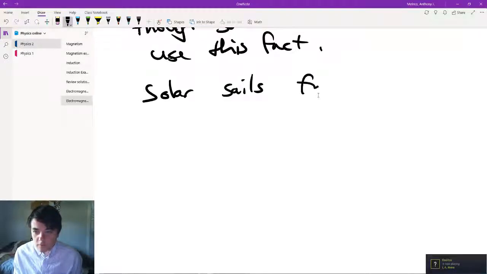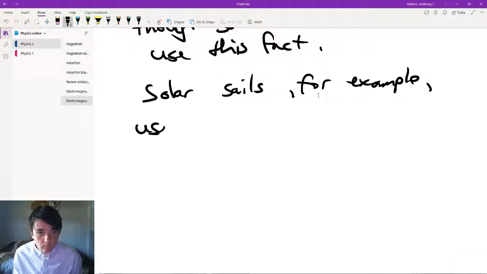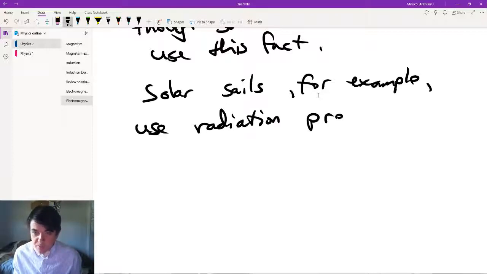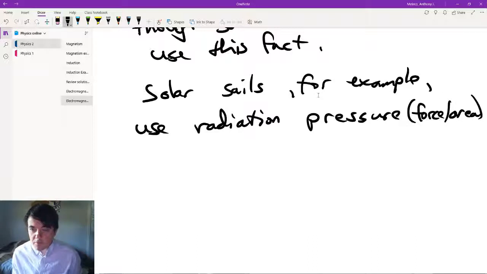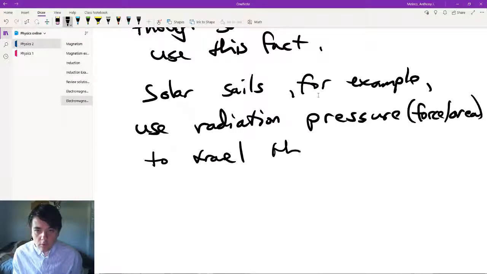Solar sails, for example, use radiation pressure. And if you remember, pressure is force per area. Okay, so it's the amount of force applied over some area. To travel the universe. Okay.